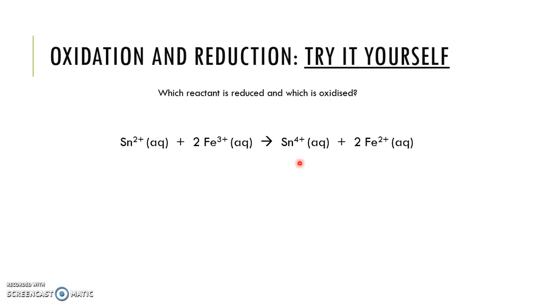You can try this example by yourself. Which reactant is reduced and which is oxidized?